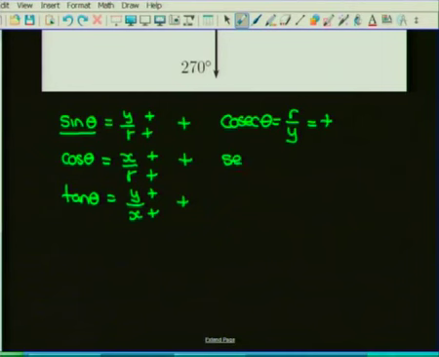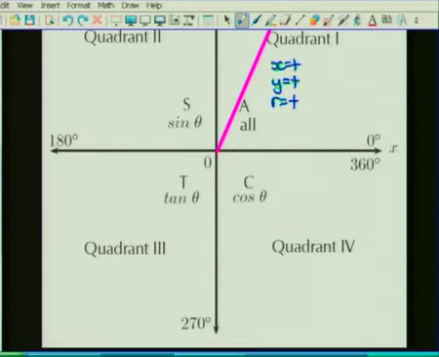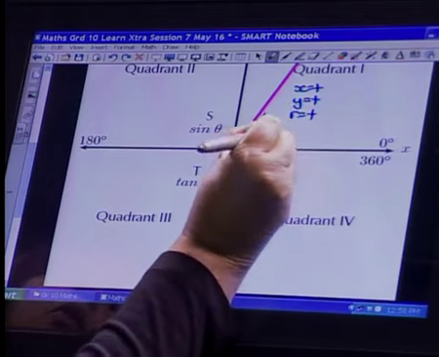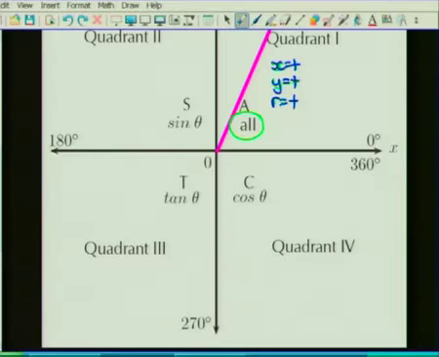When I deal with sec theta, which is r over x, again it's a plus over a plus, so it's overall a plus. And then if I look at cot theta, which is defined as x over y, again it's a plus over a plus, so it's a plus. So that's why on this CAST diagram we say ALL, which stands for all ratios are positive.